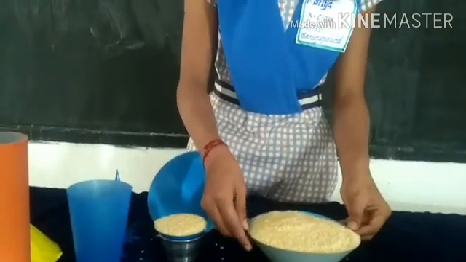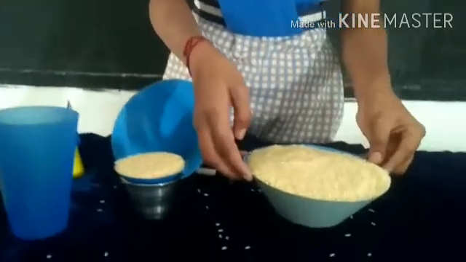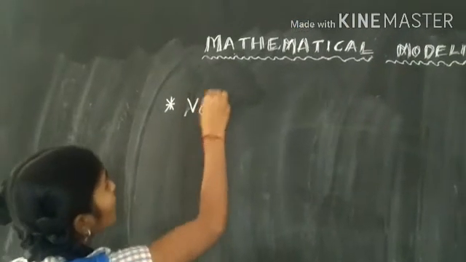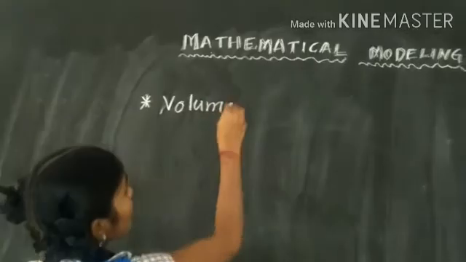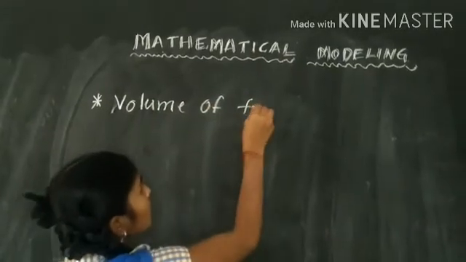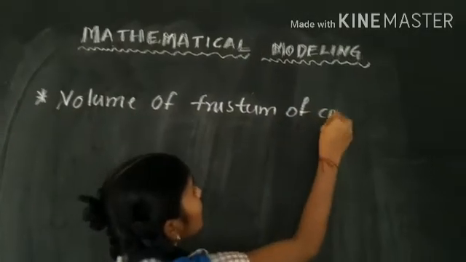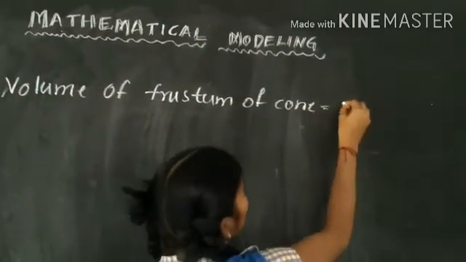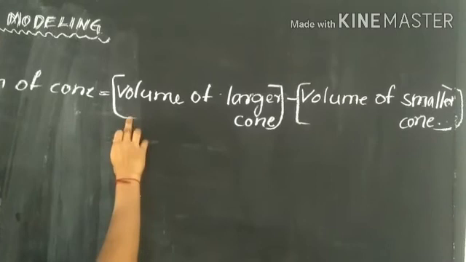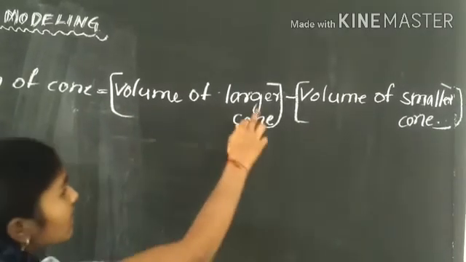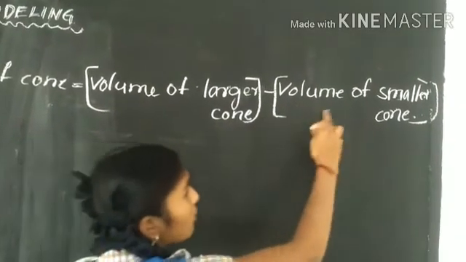It fulfilled the frustum of the cone. Now, volume of frustum of cone is equal to volume of larger cone minus volume of smaller cone.